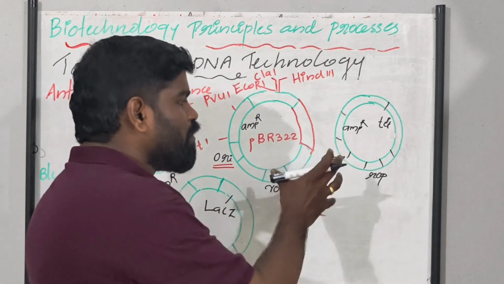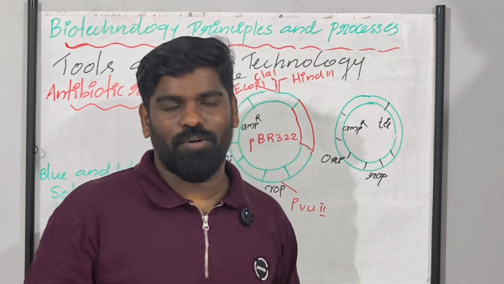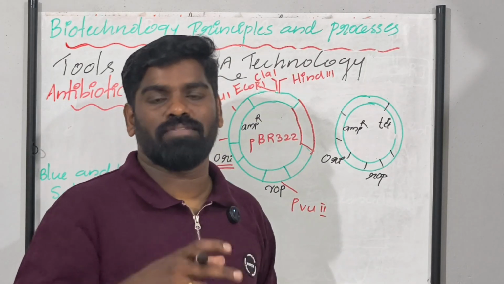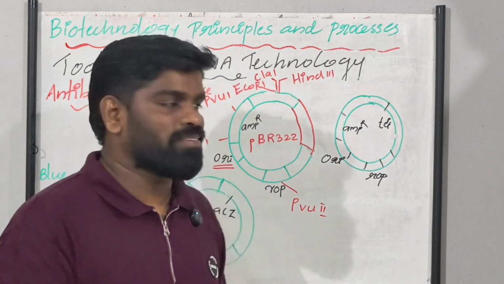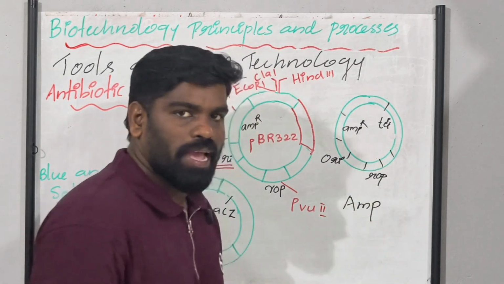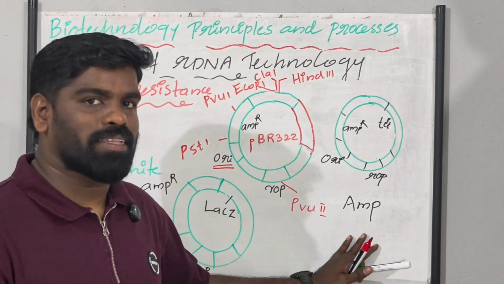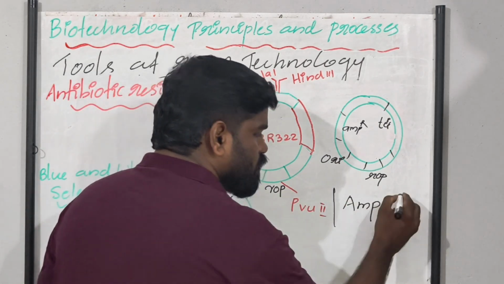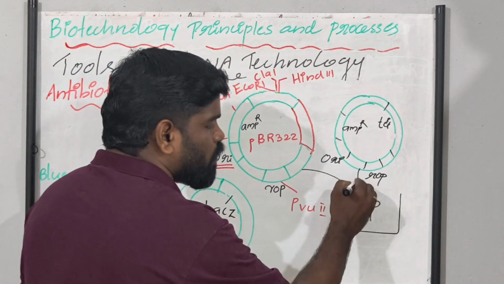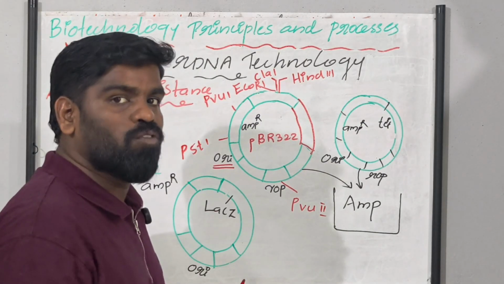First we have to take all the DNAs, both recombinant and non-recombinant, and place the vectors in the ampicillin medium. The ampicillin resistance gene is present here. Just imagine this is the ampicillin medium. When we keep both recombinant and non-recombinant in the ampicillin medium, what will happen?